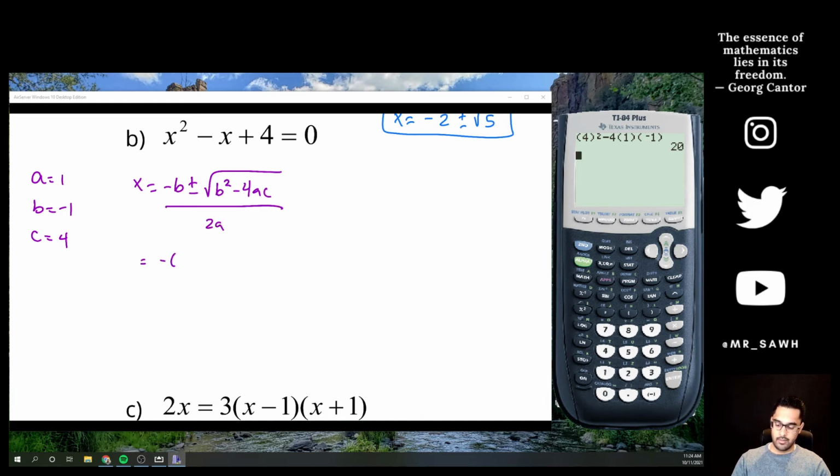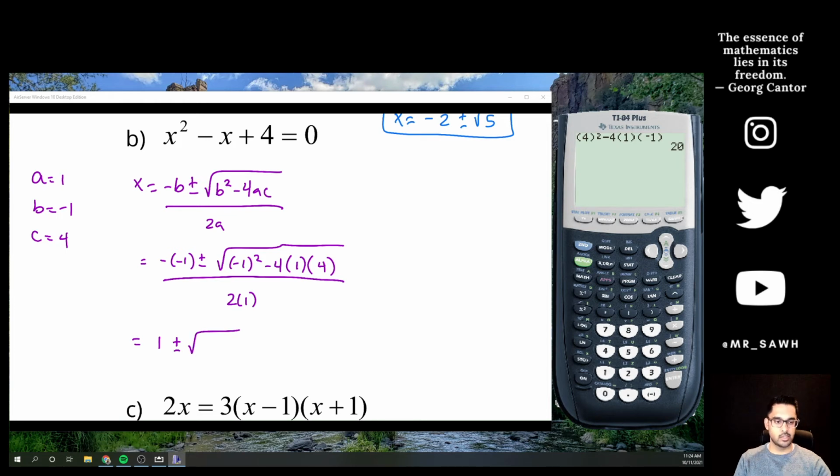So negative 1 plus or minus the square root of negative 1 squared minus 4 times 1, which is a, and c is 4. Okay, whole thing gets divided by 2 times 1. So if you simplify this, you get 1 plus or minus the square root. And we'll find that radicand again.